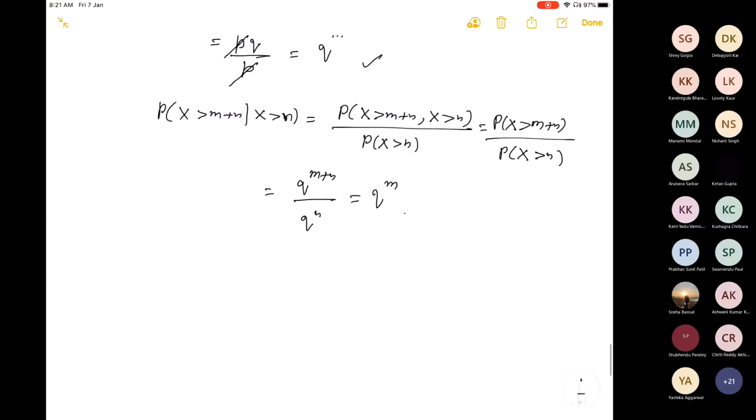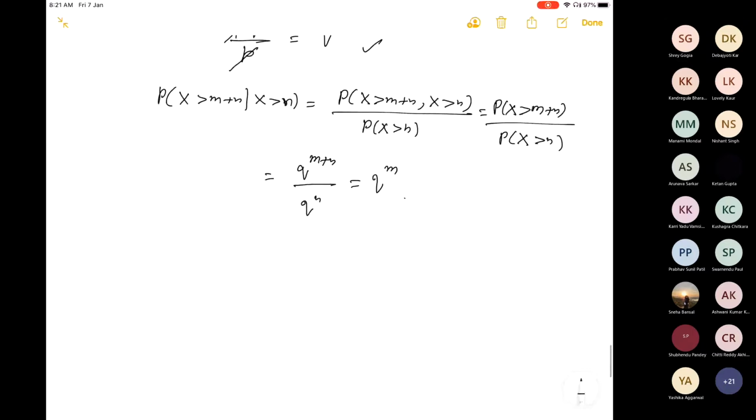Okay, so now let us define the negative binomial distribution.